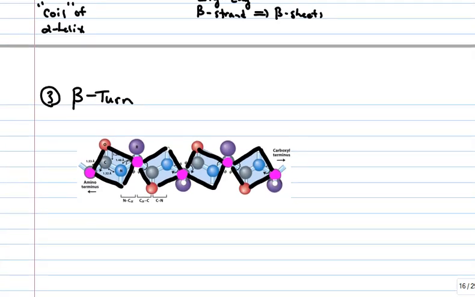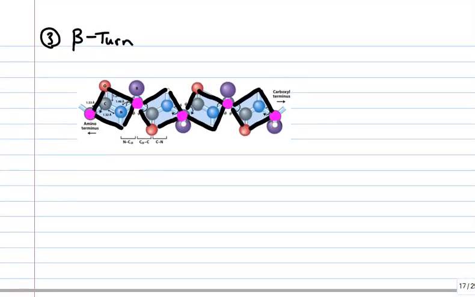So here we go. I've copied this same backbone rendering for you where I've showed you the planes. I'm showing you where the alpha carbons are in pink. And here, this is a little more simple because really the backbone simply just reverses direction. So let me mark this up. This could be the amino terminal end.